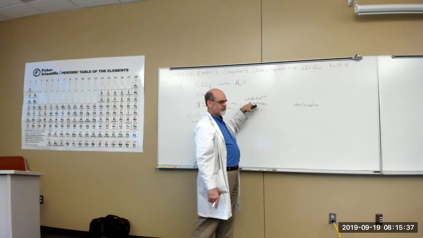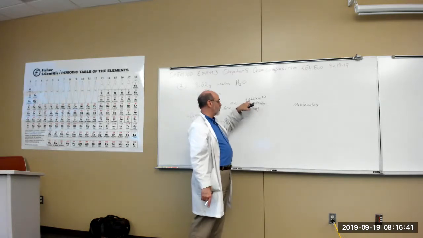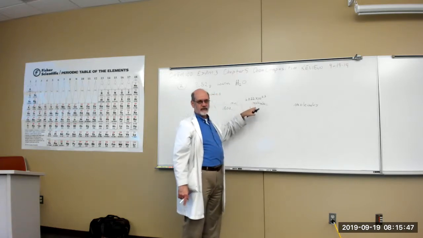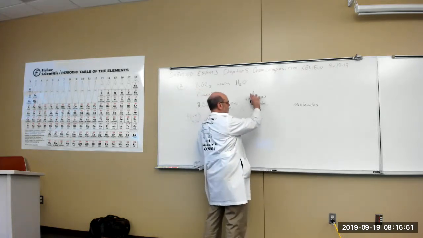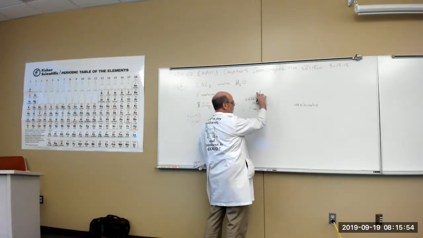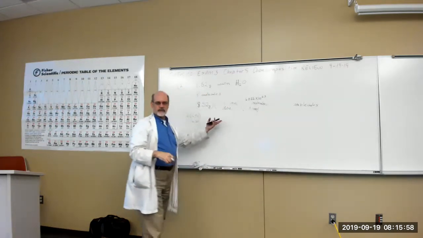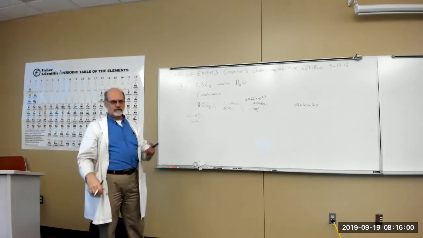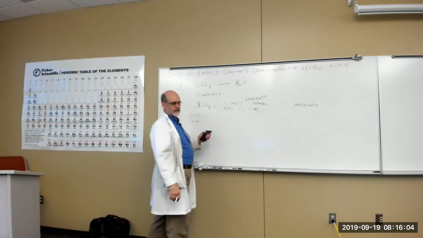This number is mutable. In other words, the number itself is constant, but the units of measure can change depending on what you need. Anything this many of something is a mole. Molecules in this case, atoms, ions, chickens, whatever it takes.